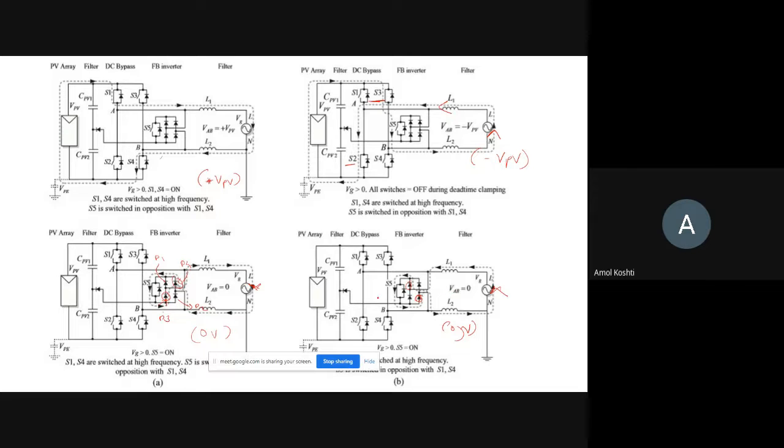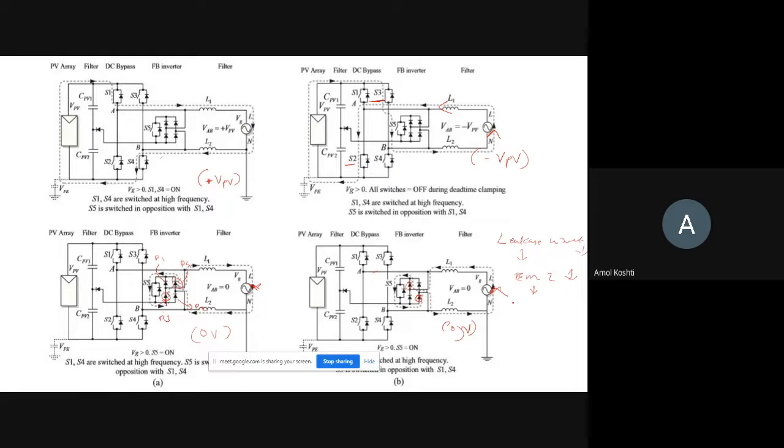Again it is observed in this design that the leakage current flowing into the system is less. Second, the electromagnetic interference which happens because of the grid frequency and the switching frequency is also less here.